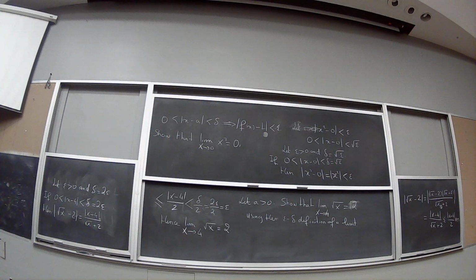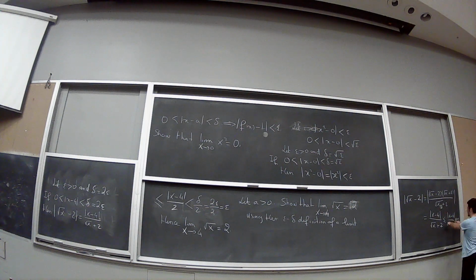Yes? How do you limit the square root of x from the bottom of the fraction on the right? Sure. You agree that this is less than or equal to that, right? If I make this thing less than epsilon, what happens? Well, it comes close enough to 0 then. Exactly.